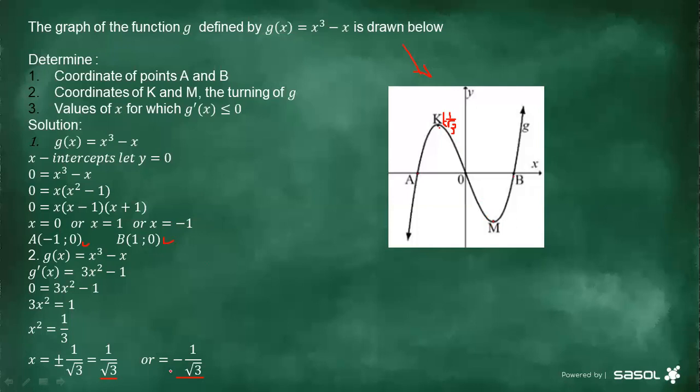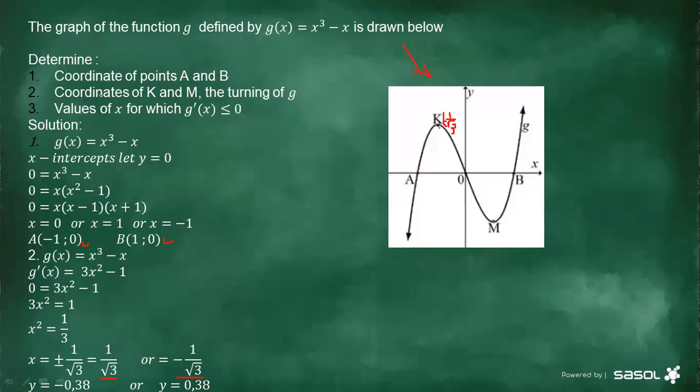Now we have to look for the corresponding y values. When you substitute positive 1 over square root of 3, it gives us -0.38. When you substitute negative 1 over square root of 3, it gives us positive 0.38. So that is that.